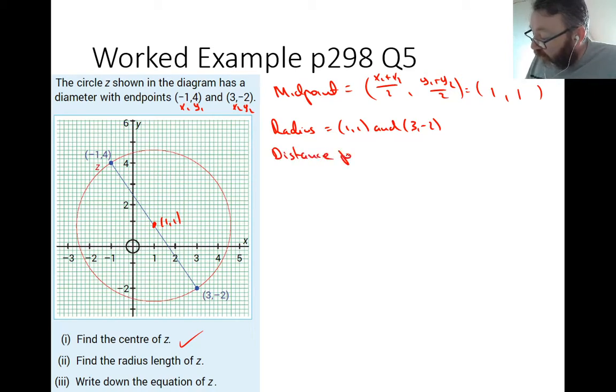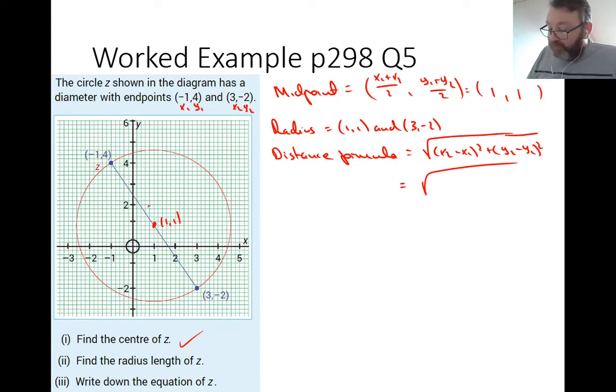And the distance formula is equal to the square root of (x2 minus x1) squared plus (y2 minus y1) squared. Okay, so fill it in. x2 minus x1 squared, so that's going to be 3 minus 1 squared, which is 2 squared, which is 4, plus y2, so minus 2 minus 1, which becomes minus 3 squared, which is 9.